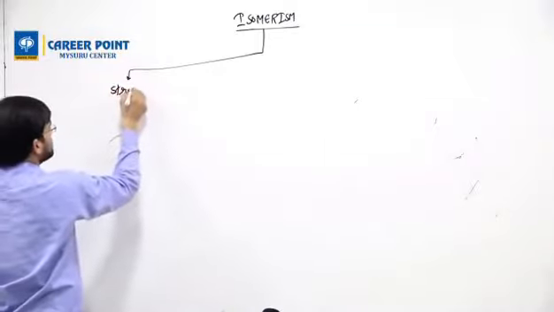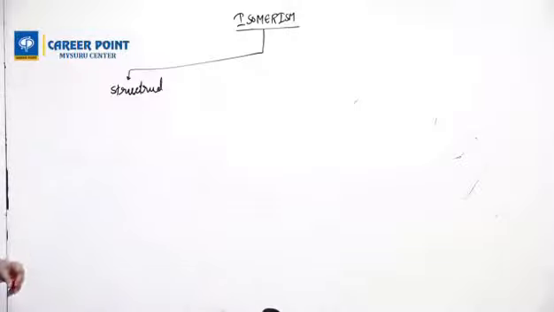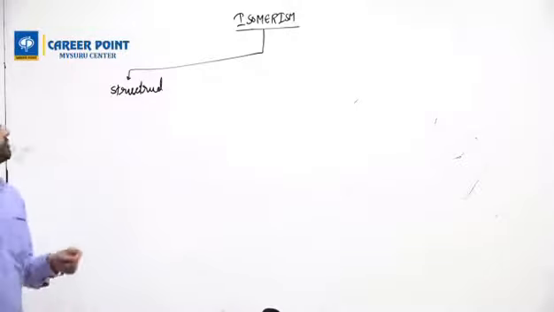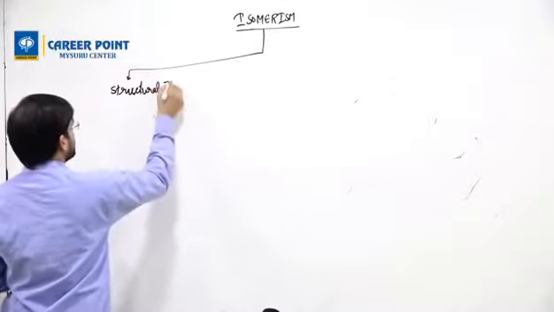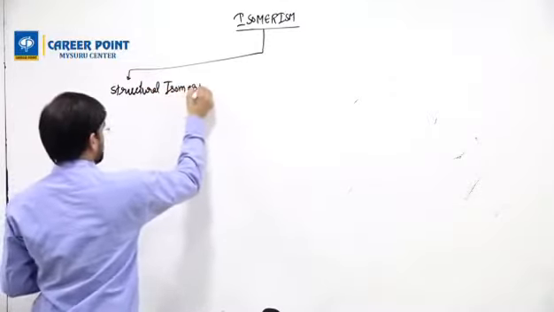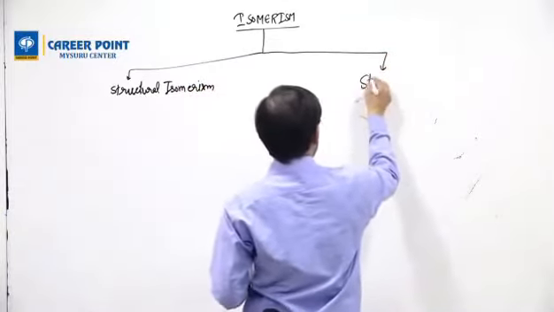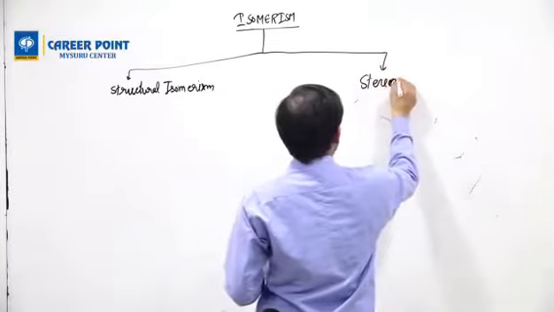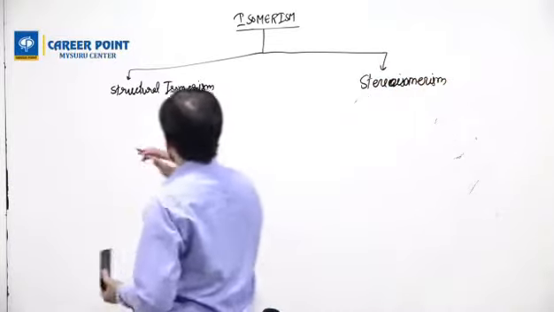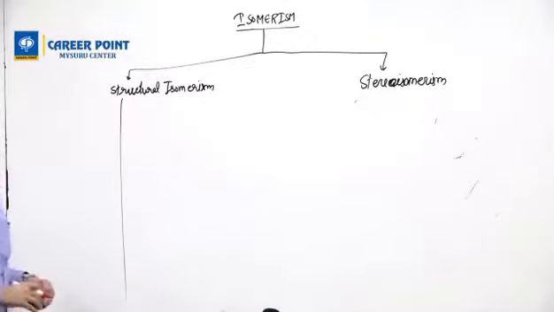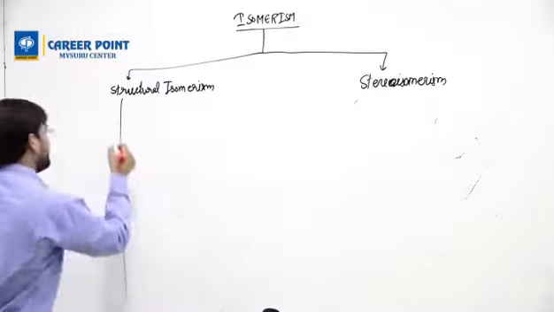First one is known as structural isomerism, and the other one is known as stereoisomerism. Then structural isomerism is classified into the following.